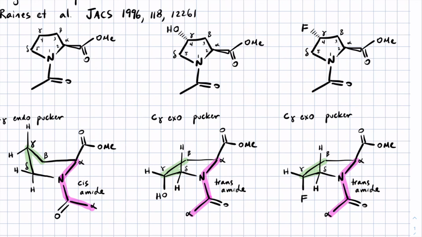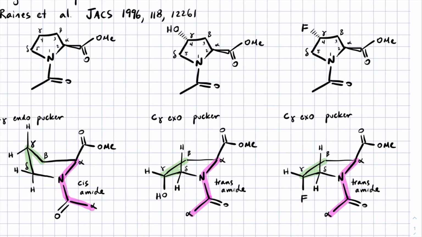In contrast, if you use the OH group or the fluorine group in this stereochemical configuration at the gamma carbon, you favor the trans amide. In early days, they thought this had something to do with the electronegativity of the oxygen and fluorine atoms, and it probably does.